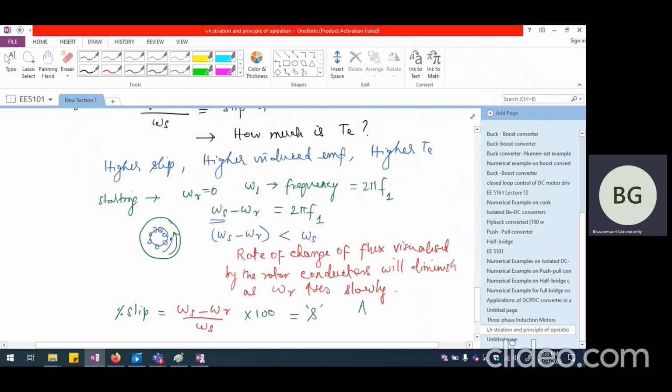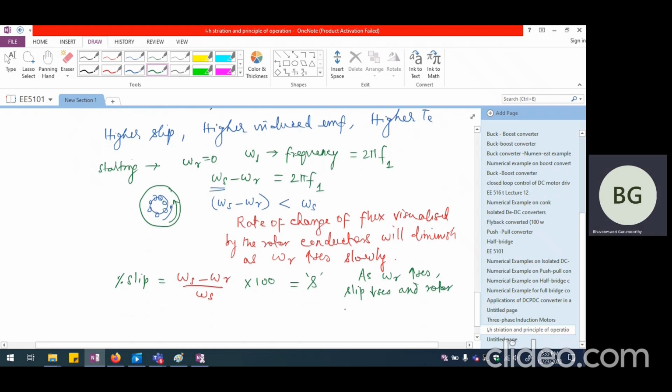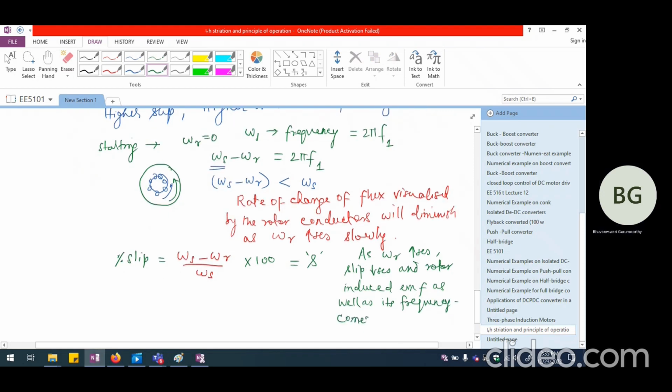So we can say as omega r increases, slip decreases, and the rotor induced EMF as well as its frequency both come down.